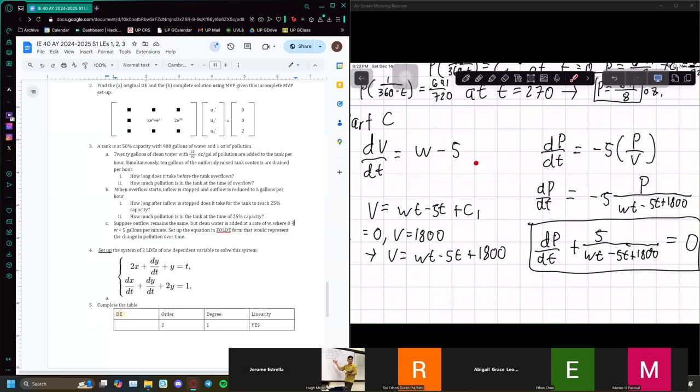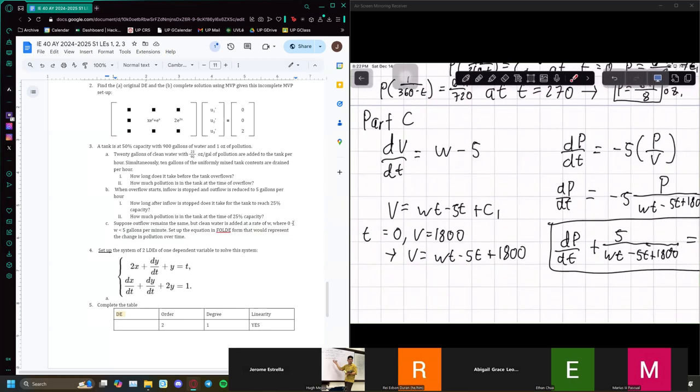But in the end, honestly, we didn't need to know that it's 0 to 5, but they just wanted to tell you. So the change in volume over time is just this W, our new inflow of clean water, minus 5, our outflow from part B, which is the same.